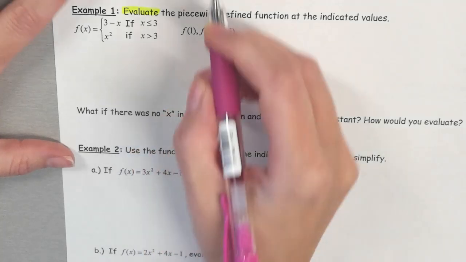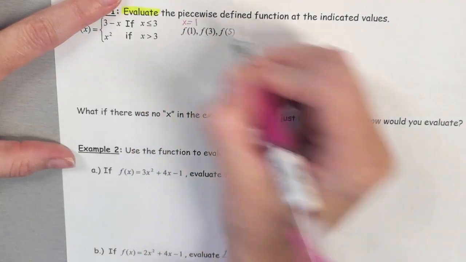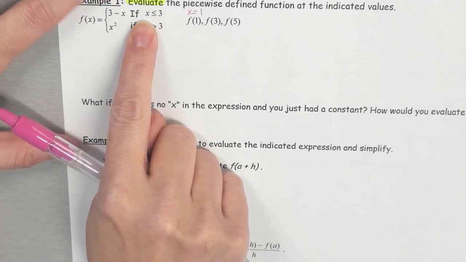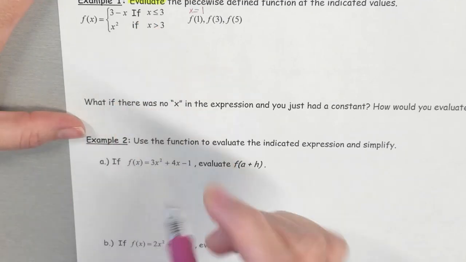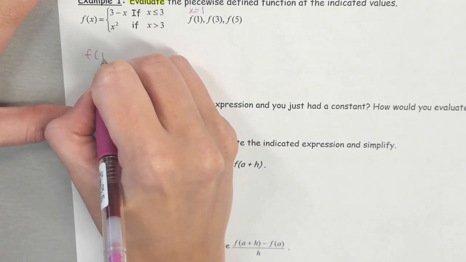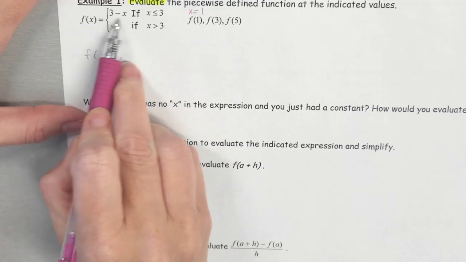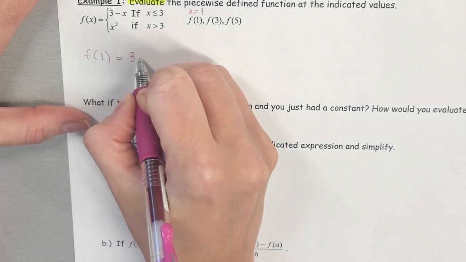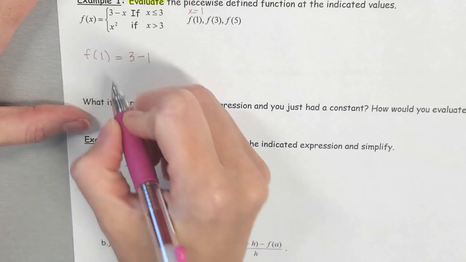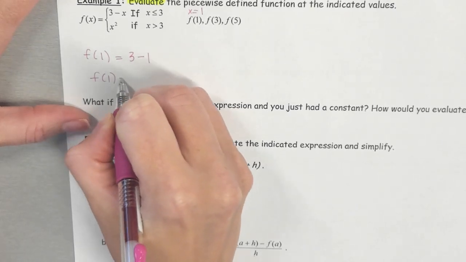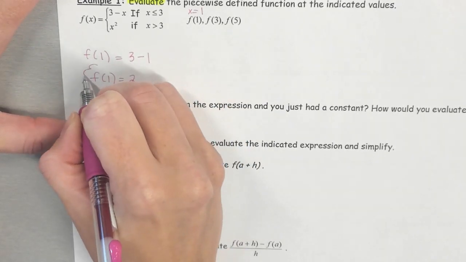So if x is equal to 1, it's going to fall into the x is less than or equal to 3. Okay, so for f of 1, you're going to use the first equation. So instead of 3 minus x, we have 3 minus 1. So we would just say f of 1 is equal to 2.